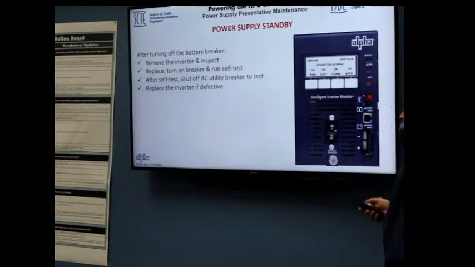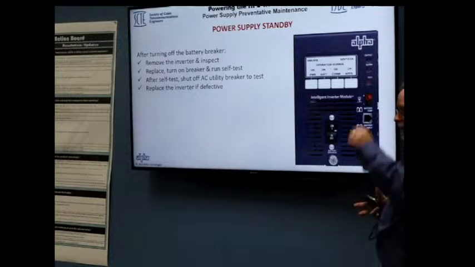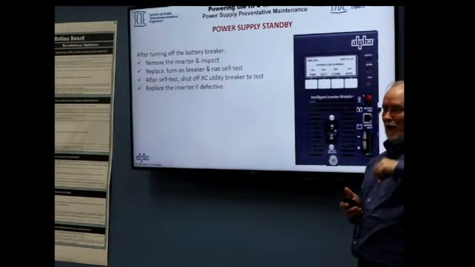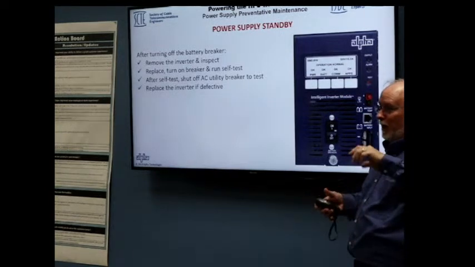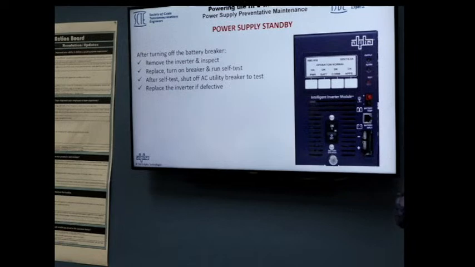The one thing I'll tell you is that when you do power supply maintenance, what's the first thing you want to do? Bring in your backup power supply, right? Plug it into the auxiliary plug at the top of the SPI, and make sure that you are powering the plant by something reliable, because during your test, you may cause an outage.